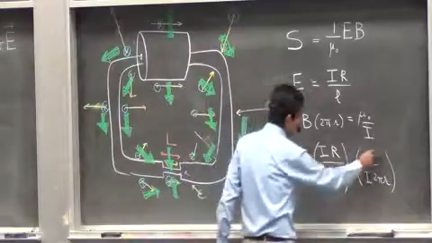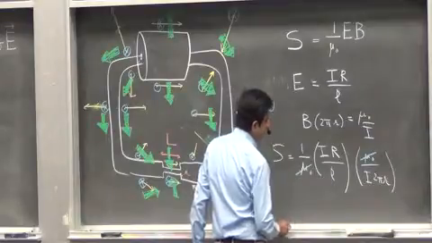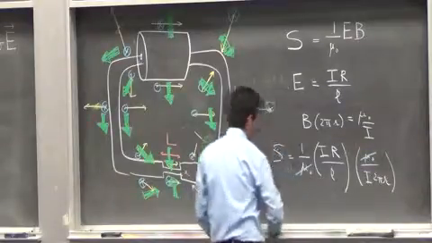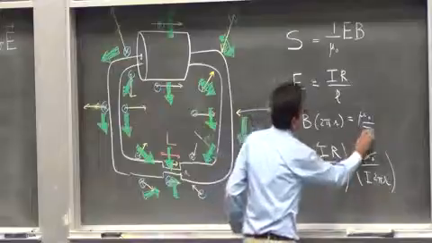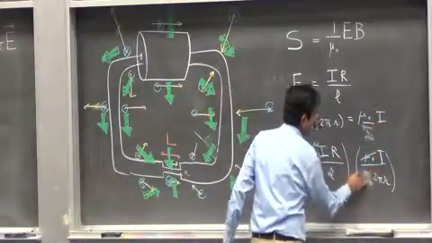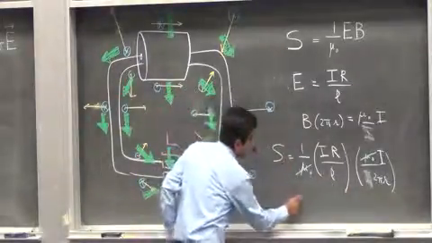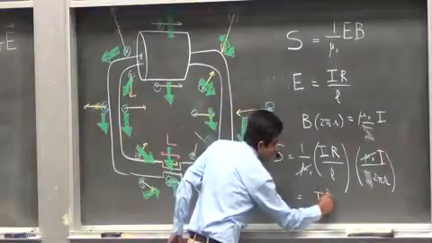Nice cancellations. Mu naught goes away. Oh, I is here as well. Sorry, I is over here. Now, this is I square R.